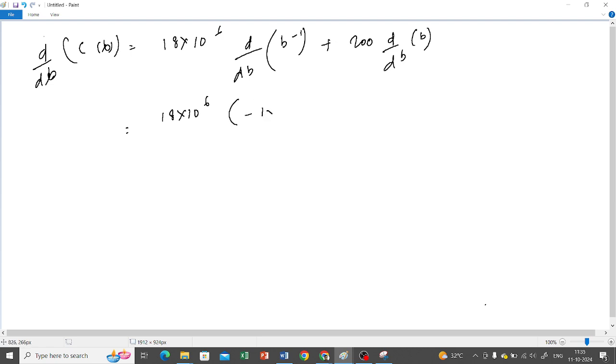So this is going to be minus 1 into B to the power minus 2, and this is going to be 200. So that is 18 into 10 to the power 6 into minus 1 by B square plus 200.